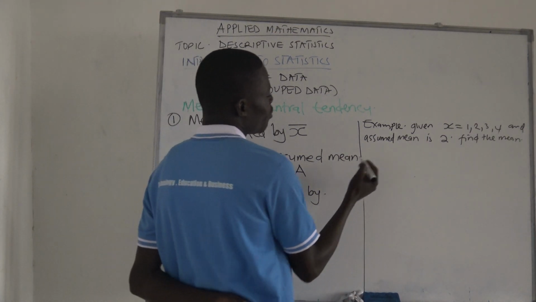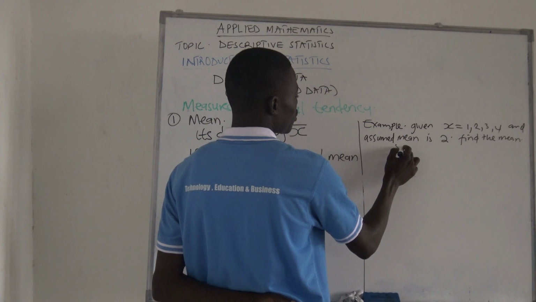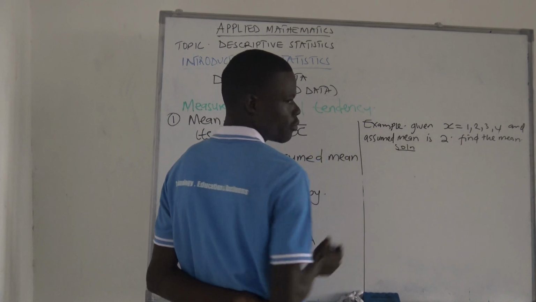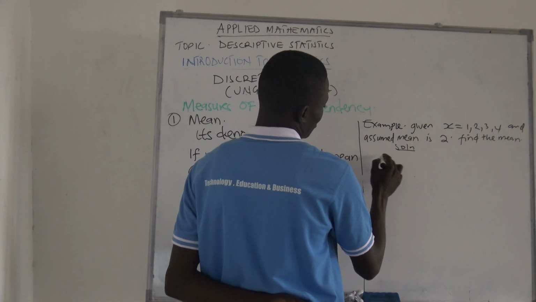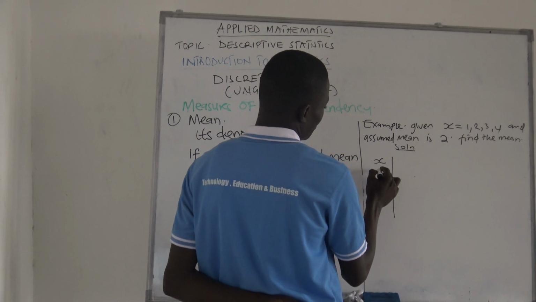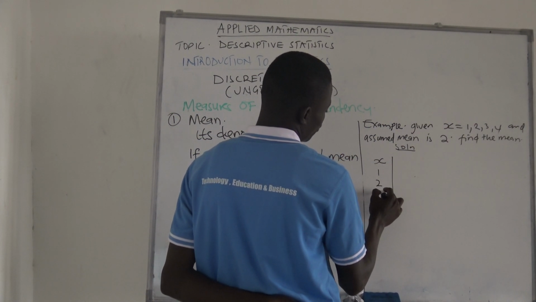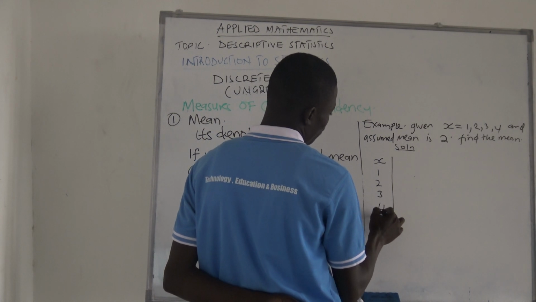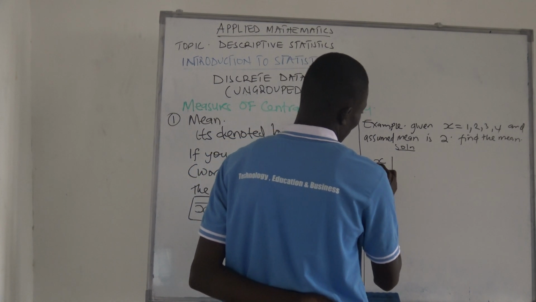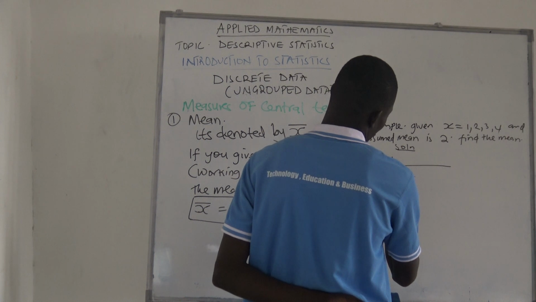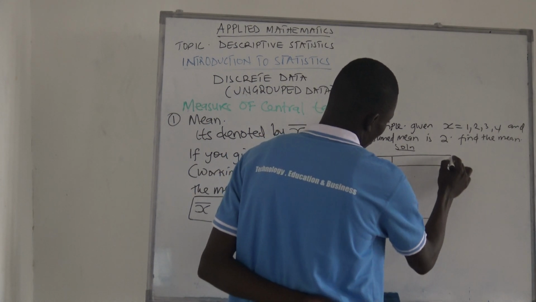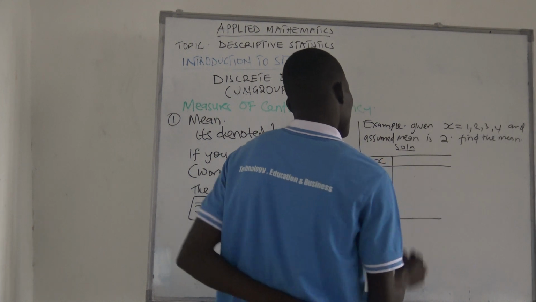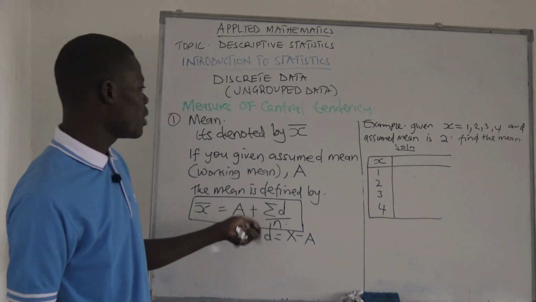So now with this one we have the solution. What we need to do, we make a table having the values of x, which is 1, 2, 3, and 4. Then after having the values of x, what do we want?